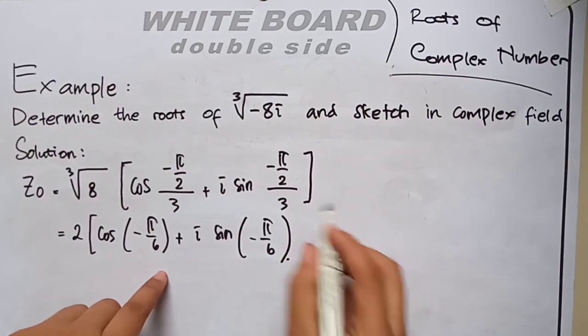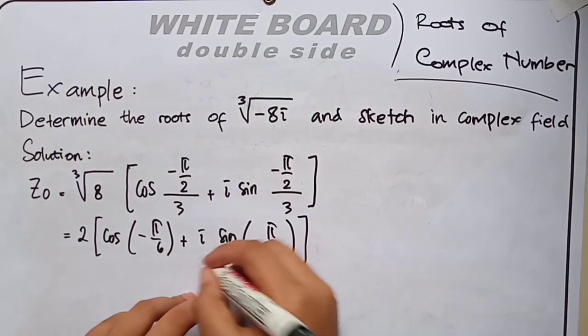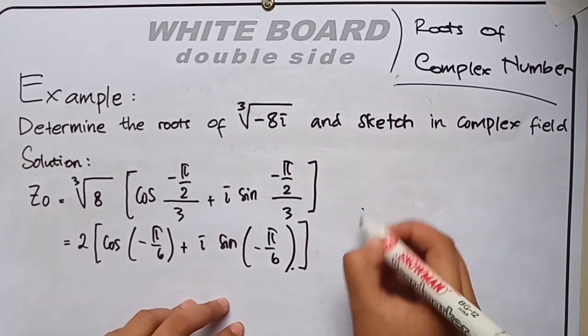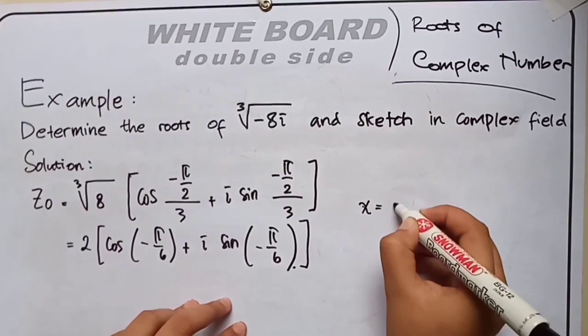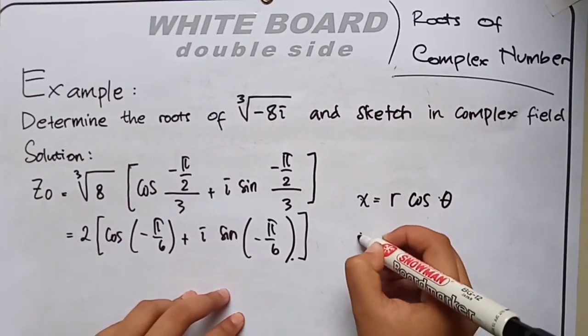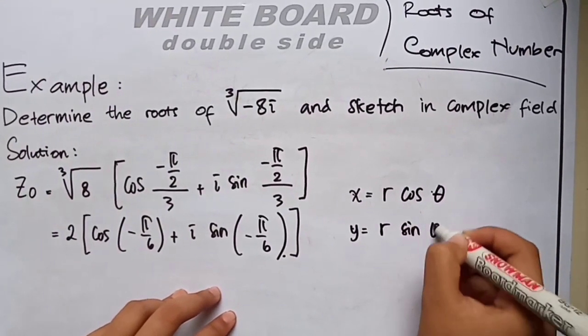We know that it is not in rectangular form, so we change it by using this formula: x is r cos theta and y is r sin theta.